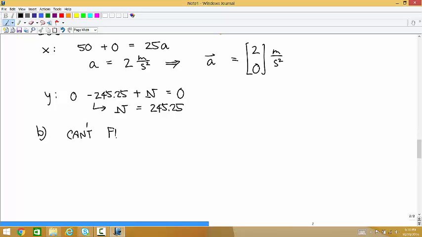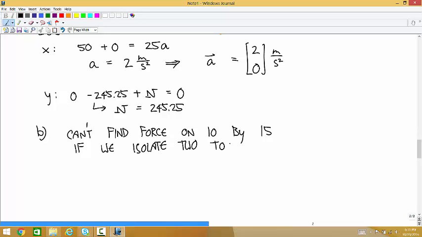So we can't find the force on the 10 by the 15 if we isolate the two together. So this time we're going to isolate the 10 kilogram. Isolate the 10 kilogram cart by itself.